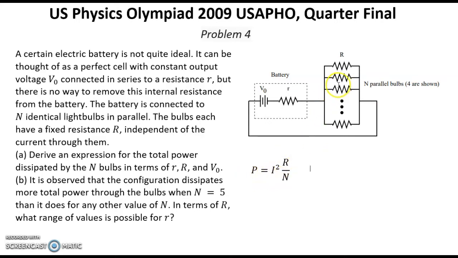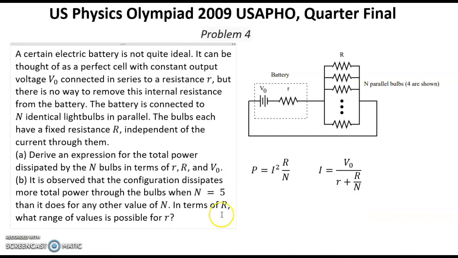This is the power through N resistors R, and R over N is the total resistance for N parallel connected resistors. Next thing is to count what the current is. Current equals total voltage V0 divided by total resistance, which is small r plus big R over N.